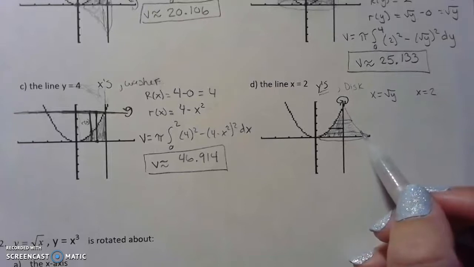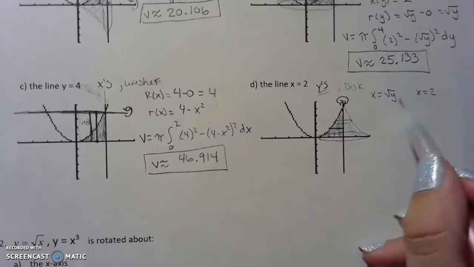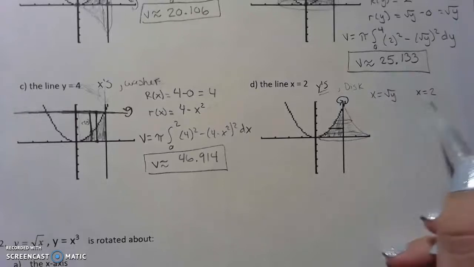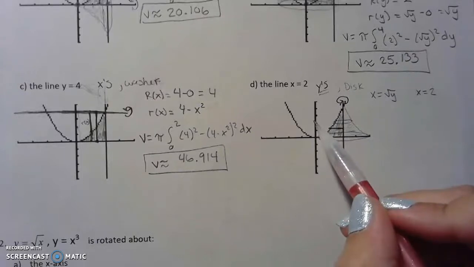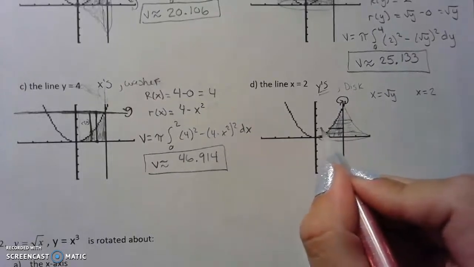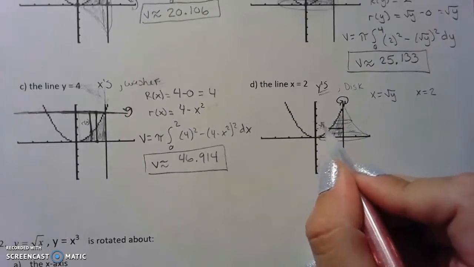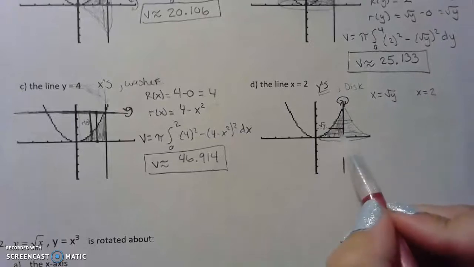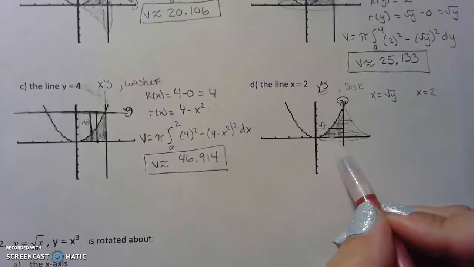We need to be really careful. We know that the function we have to use is coming from the y-axis because these are all now in terms of y. So that really means this piece right here is the square root of y, not this piece. This little piece right here is the square root of y.